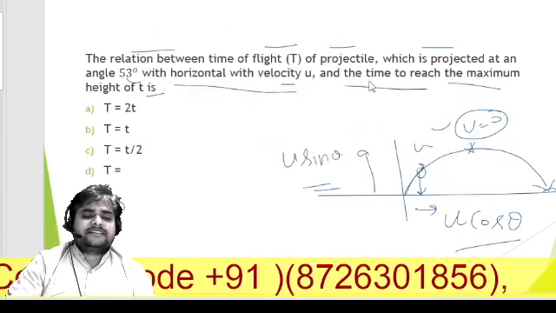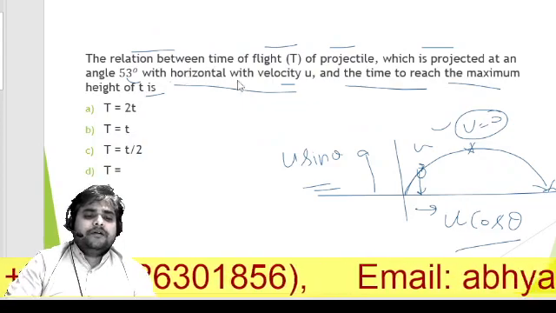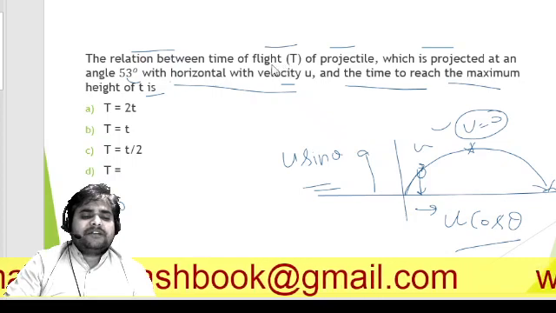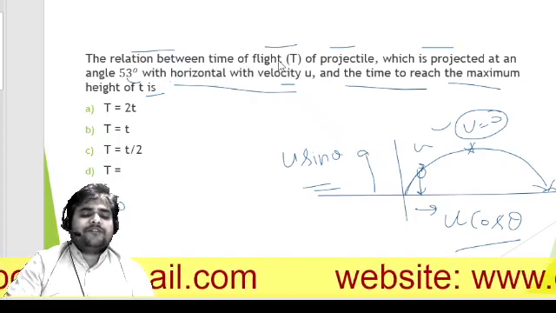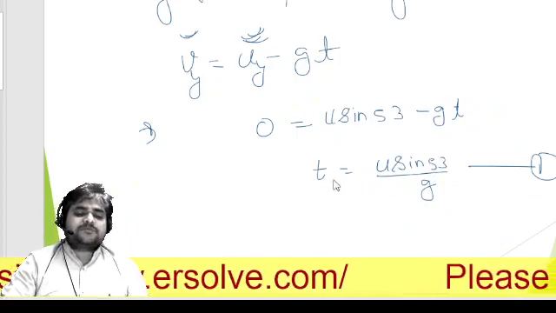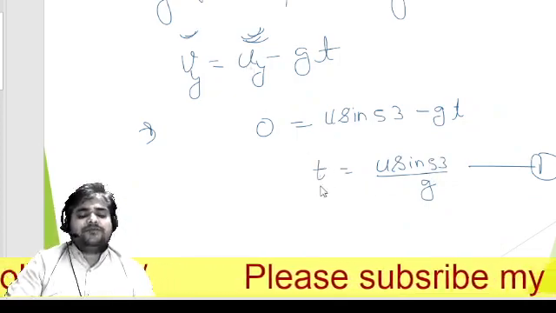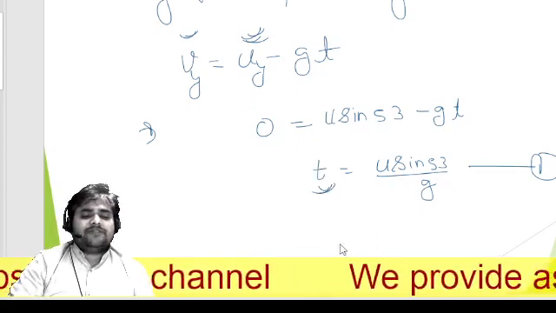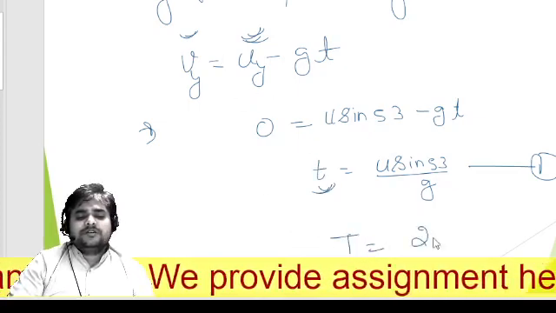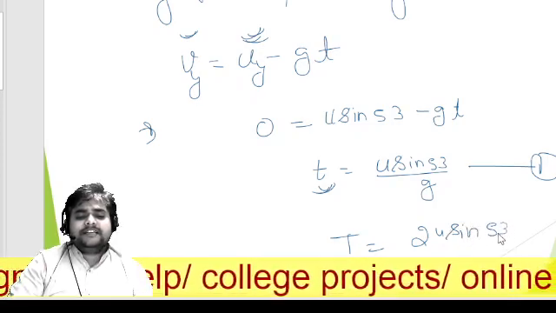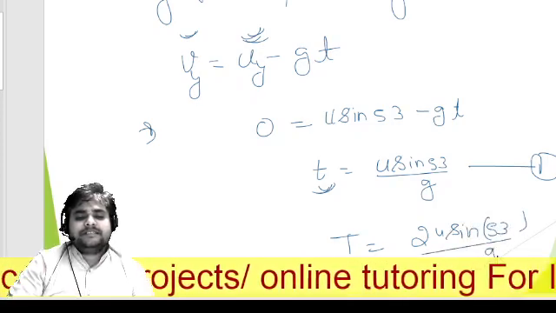Now the second condition: we have to find the relation between the time of flight and the time when it was at the highest point. We suppose that the time when it was at the highest point is small t, and we know that the time of flight of the object T equals 2u sin theta, that is 2u sin 53 upon g.